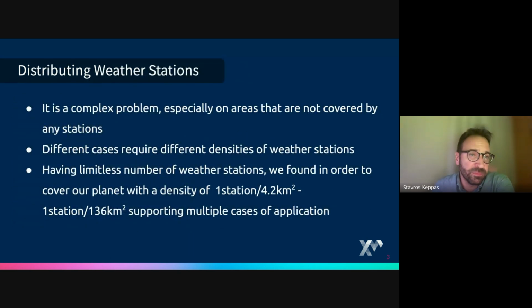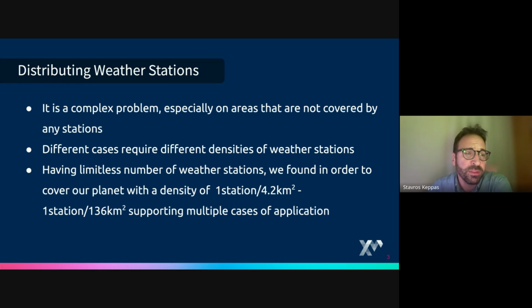Certainly, distributing weather stations in a large area is a really complex problem, although there are several scientific studies proposing approaches for designing a weather network. Most of them use an initially developed network, and then they find the ideal locations and number of weather stations to represent the weather conditions sufficiently.